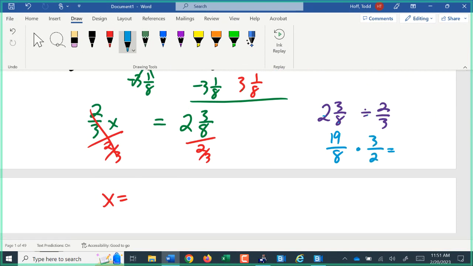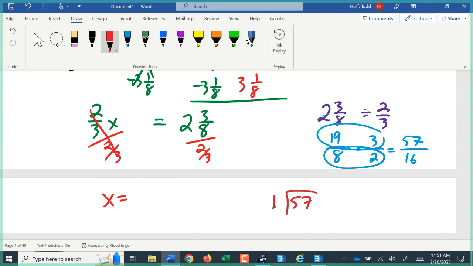Nothing reduces here, so we just multiply. 19 times 3 is 57. 8 times 2 is 16. And we divide. 57 divided by 16. 16 goes into 57 3 times. 3 times 16 is 48, so there's 9 left over. That is 3 9/16.